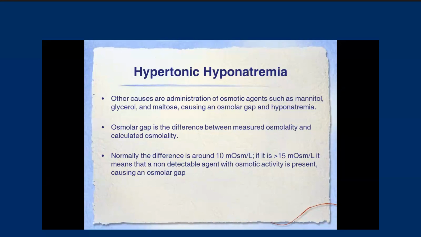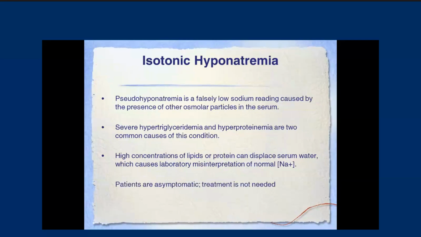So in patients with hypertonic hyponatremia, where there are osmotically active particles which increase the tonicity, the measured osmolality is usually going to be greater than 290.